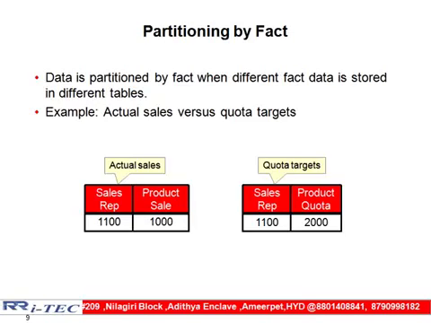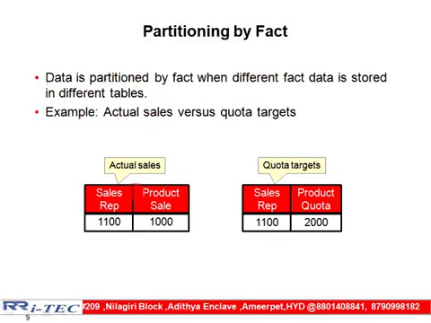What do we mean by fact-based partitioning? Based on the fact, I am going to drive the report. If you see this example, partitioning by fact, data is partitioned by fact when different fact data is stored in different tables.